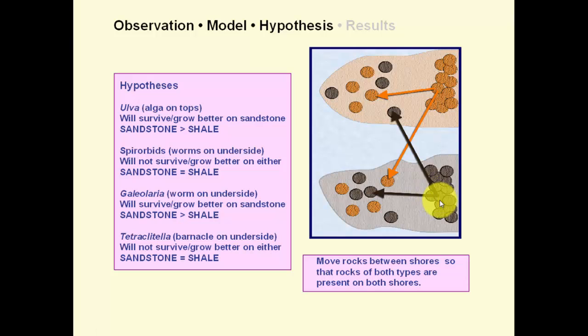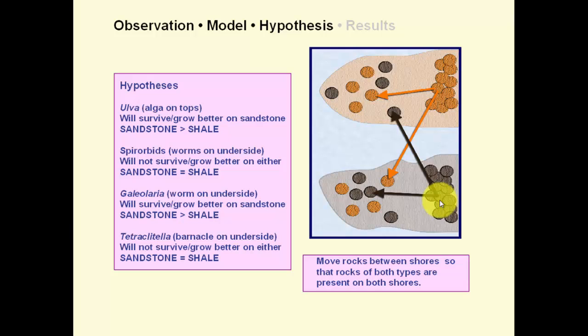Take some down to lower on the shore, intermingle them with the transplanted sandstone rocks, and take some over to Cape Banks and intermingle those with the sandstone rocks I've brought down from higher on the shore. What this means is I will have experimentally created a situation where I can observe colonization on both types of rock in both places. This is something that doesn't occur naturally.